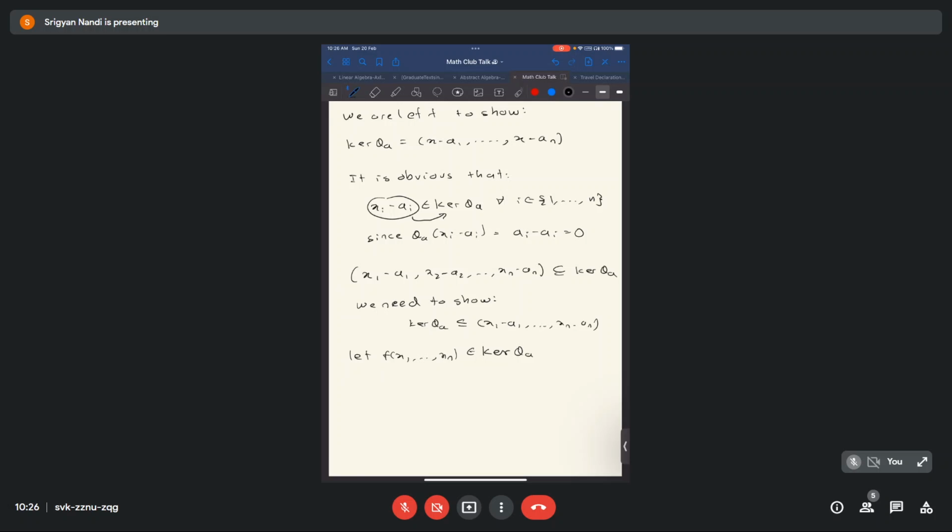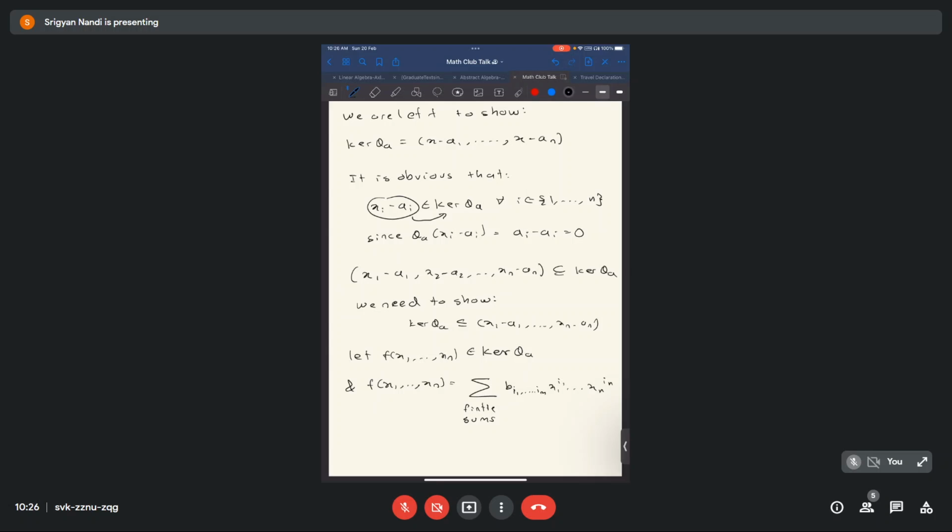Let us further specify what f(x1, ..., xn) looks like. Let us say f is of the form, where we run over all finite sums, of b_{i1...in} x1 power i1 till xn power in.